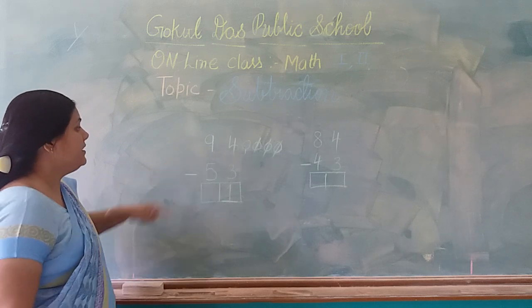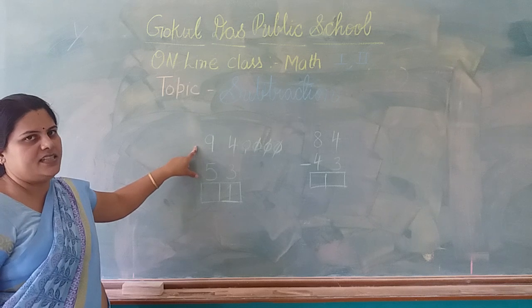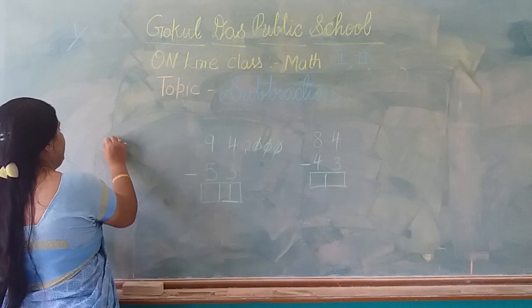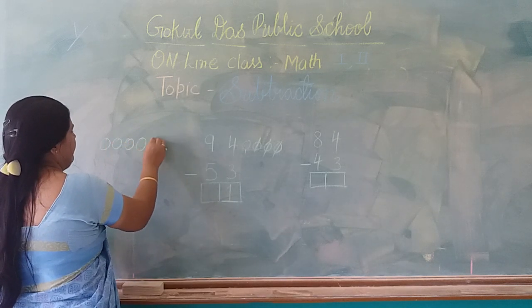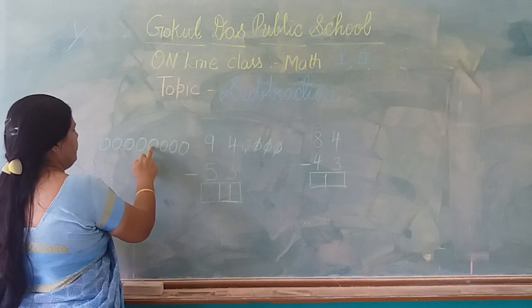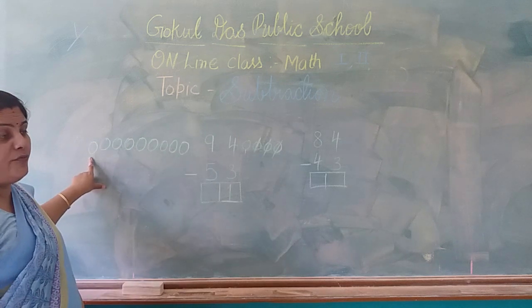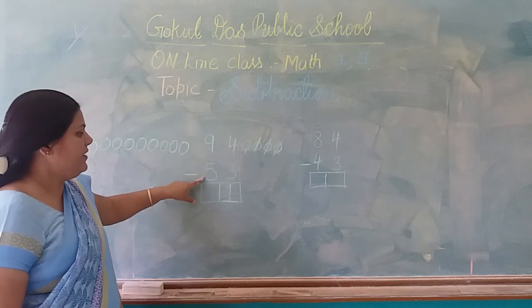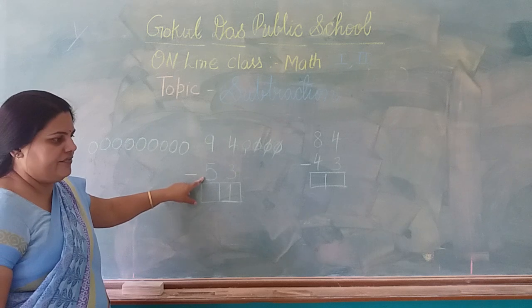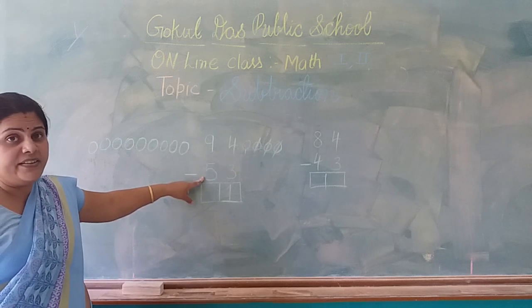Now here, which number is this? This is number 9. So I will make 9 balls over here. 1, 2, 3, 4, 5, 6, 7, 8 and 9. Then which number do we have downside? We have number 5. Then how many balls will we cut?